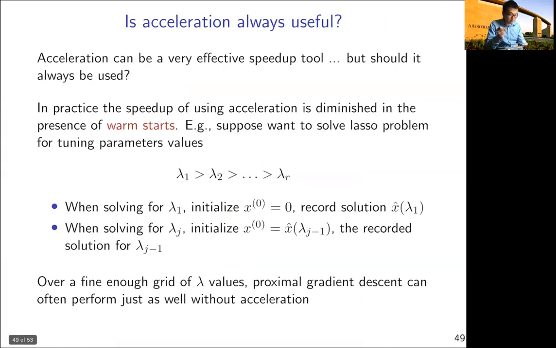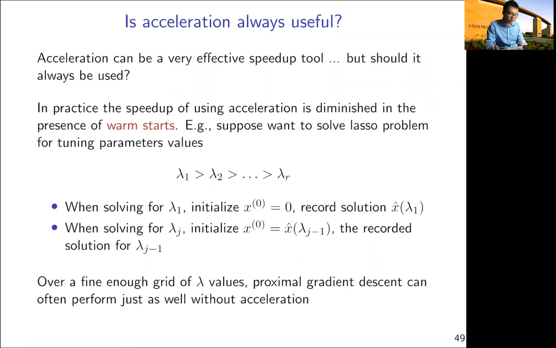Okay, so in practice, especially for statistical estimation problems, often solving a single optimization problem is really not the thing that you want to do. Instead, you want to solve a sequence of optimization problems for a sequence of hyperparameters, and then you can decide with model selection tools which hyperparameter is the most appropriate for the problem that you're solving, right?